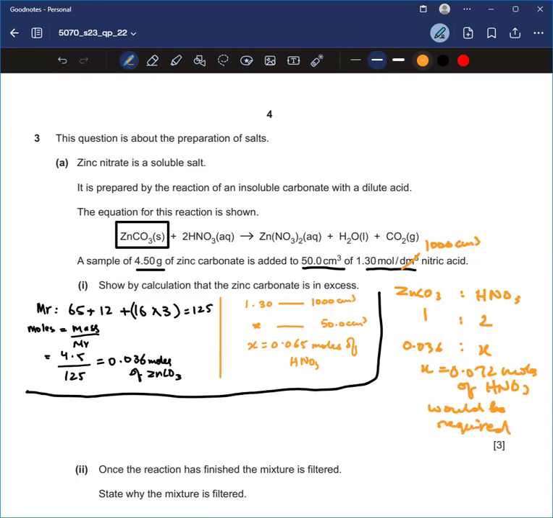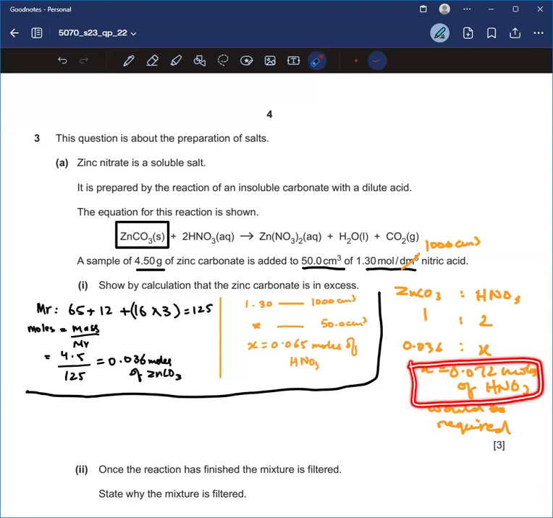But here what we see, we only have 0.065 moles of HNO3. In the reaction we require a 1:2 ratio, and according to that ratio, we require 0.072 moles of HNO3.